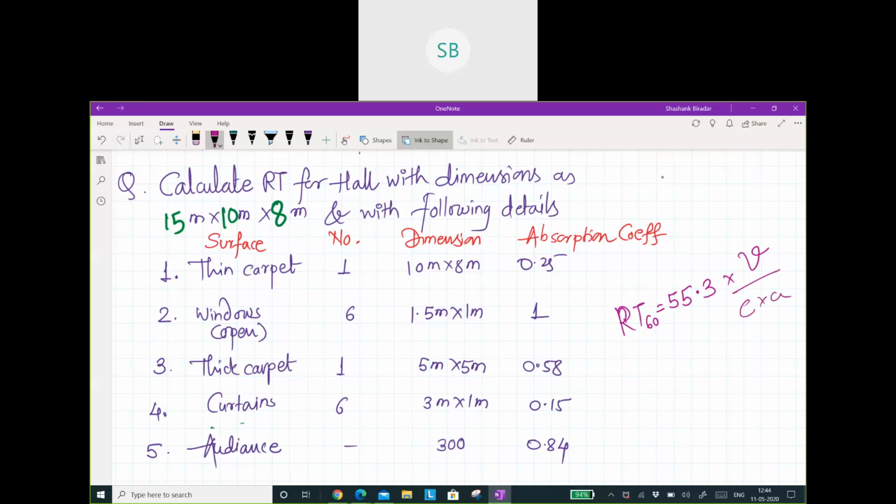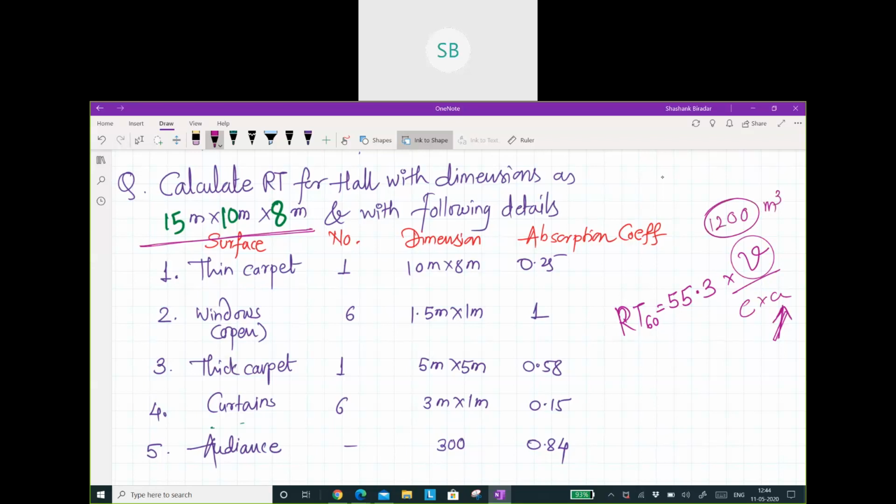Now in this problem, first of all you should calculate this, because this is important, and for this calculation only this table has been given to you. The volume is easy: 15 multiplied by 10 multiplied by 8, which is 15 times 8 is 120, this much meter cube.